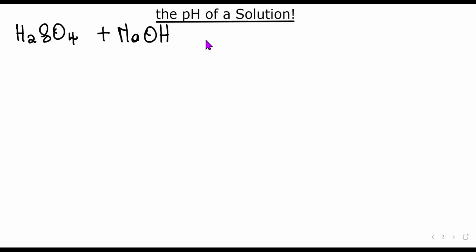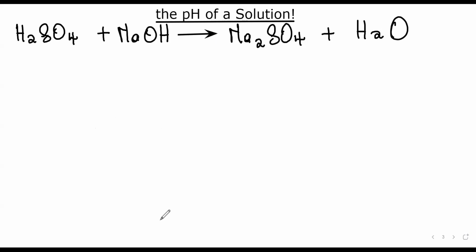And every time we have an acid reacting with a base, we know that a salt will be formed. And the salt is sodium sulfate. And we know that water will be formed as well. But in order to keep this equation balanced, we now have 2 atoms of sodium on the right, so we have to put a 2 here.